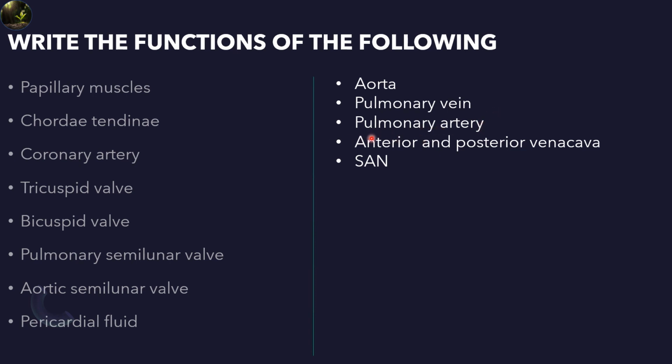Because pulmonary means related to lungs. Anterior and posterior vena cava carry what type of blood? Deoxygenated blood from different parts of the body to the right auricle.